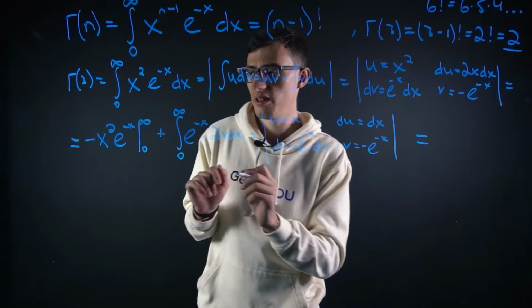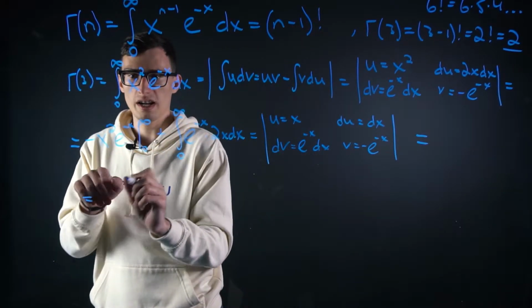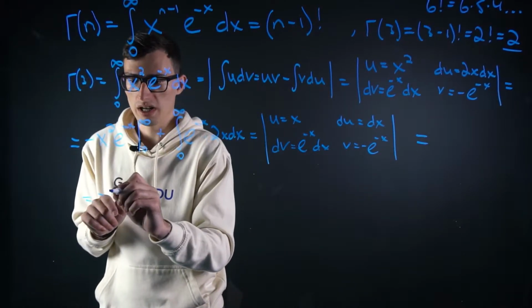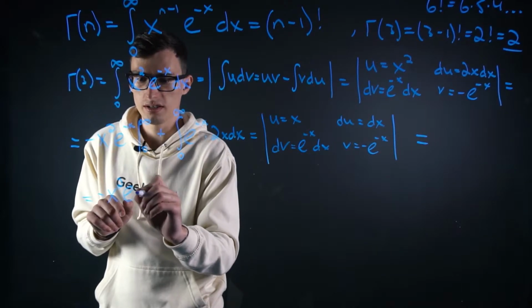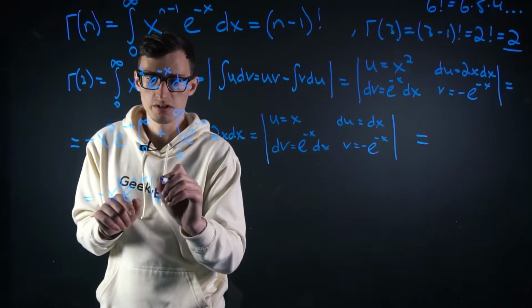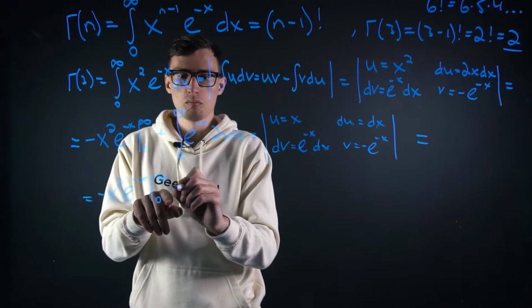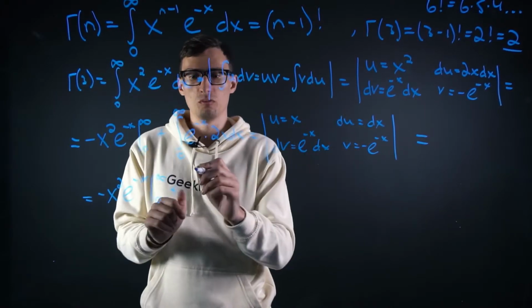So let's plug this back in. What do we have? We have the first part, minus x squared e to the minus x from 0 to infinity, plus this whole mess.